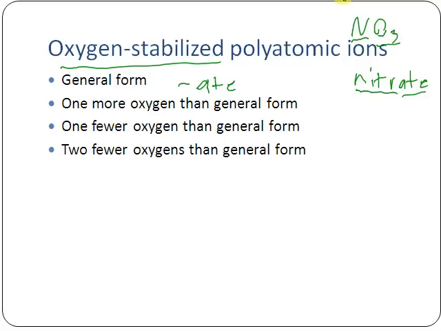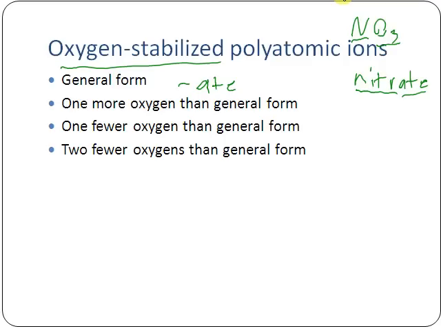So we've got nitrate here. Now, if it has one more oxygen than the general form, that's number 22. Say that NO3 is what it has on your polyatomic ion sheet, but you're given something that says it's NO4. That's not nitrate, but it's related. If it has one more oxygen than the general form, it's given a prefix of per, short for hyper, before the name.